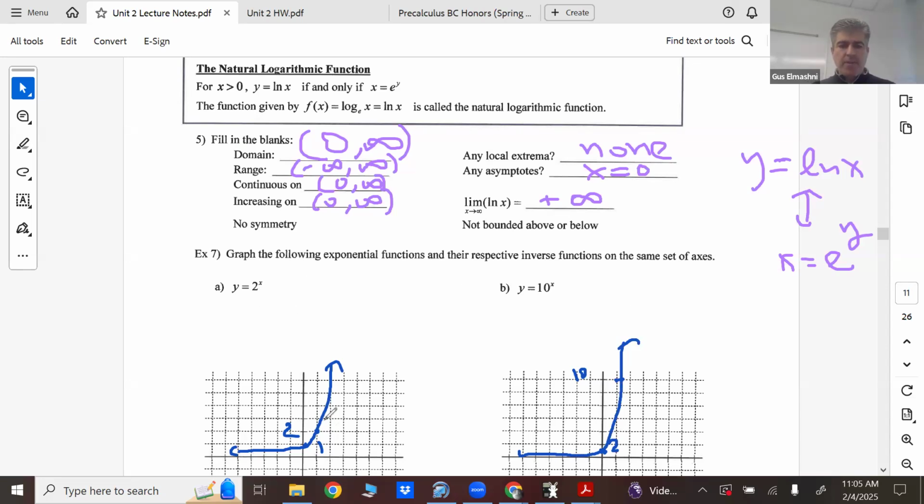So make a little table. This is not smart, I should move the screen. 0, 1, 1, 2. 0, 1, 1, 10.